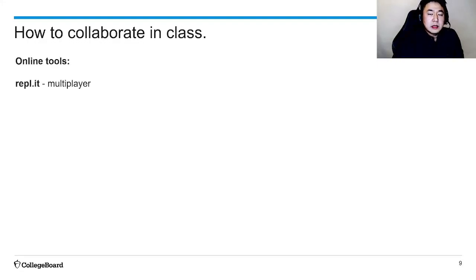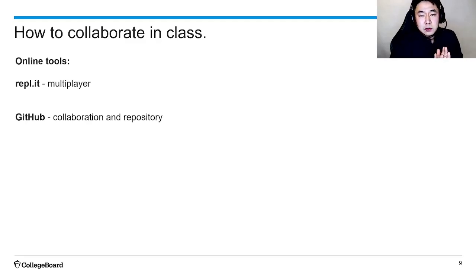So collaborating in class, we have a few tools. Replit is awesome. It has a multiplayer option where you can code together in the same workspace, and they have so many different languages. It's a great resource. GitHub is also for collaboration, but more importantly, there's a repository. So this is a different kind of collaboration where you can collaborate with different people that are out there that are working in the industry as well.